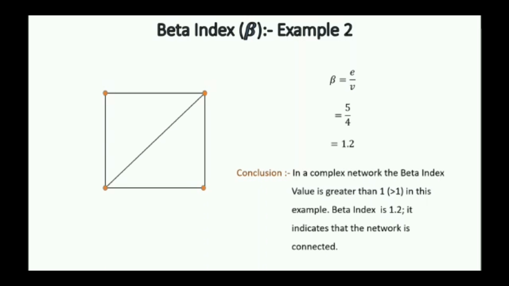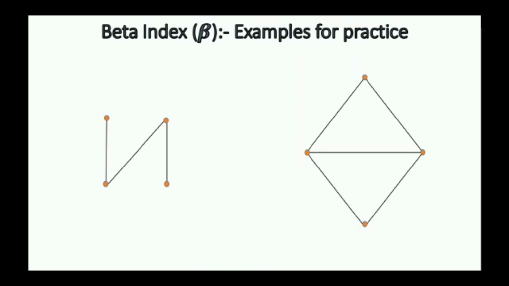Therefore, the conclusion is in a complex network the beta index is greater than 1. In this example, beta index is 1.2. It indicates that the network is connected. These are some beta index examples for practice.